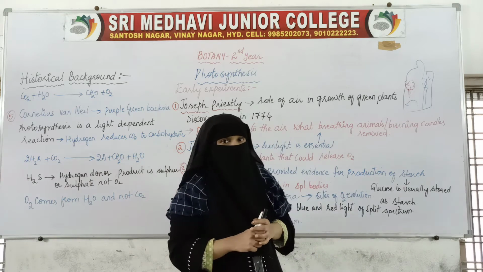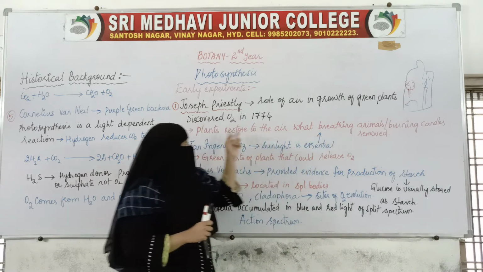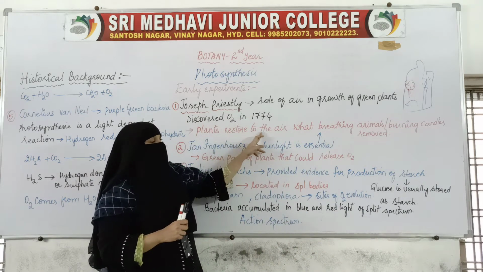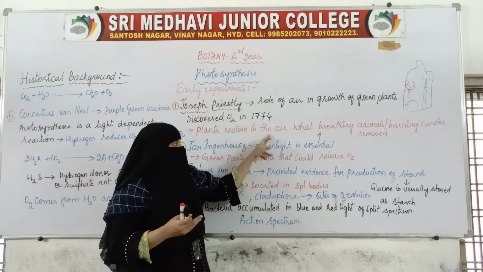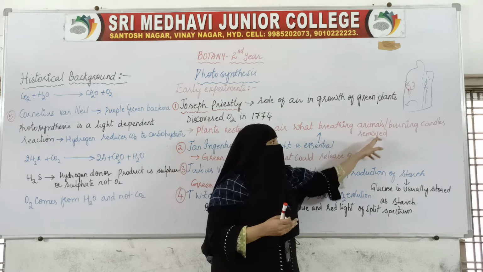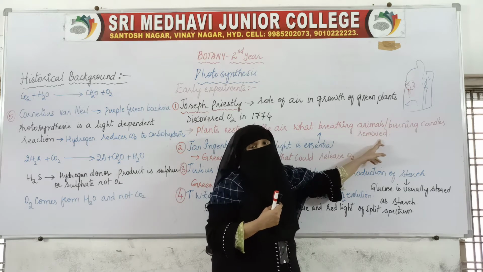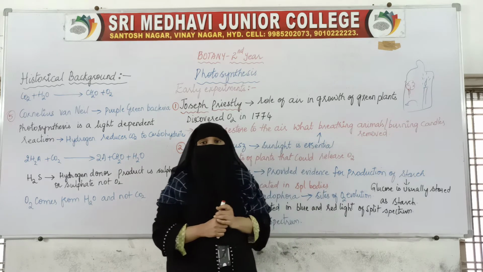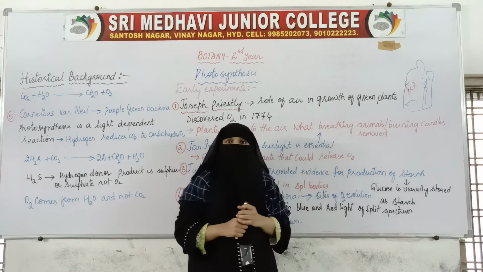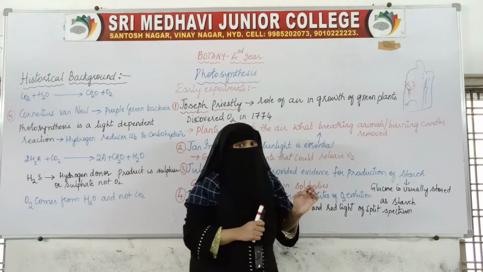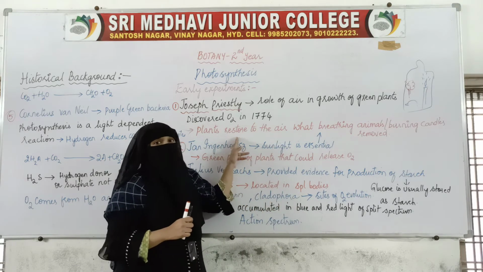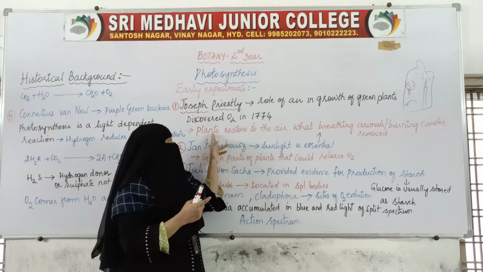So what he said is that plants restore to the air what breathing animals and burning candles remove. Plants restore means give something to the air. The burning candle and the breathing animal removed the oxygen from the bell jar, and that removed oxygen is restored to the air by the plant.